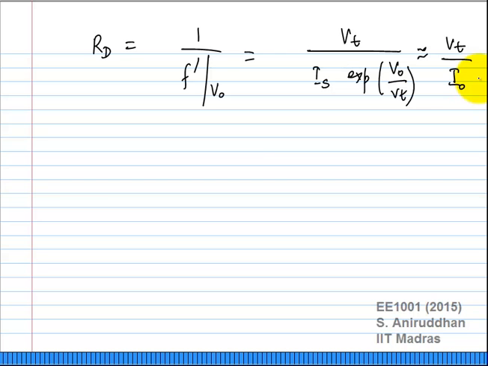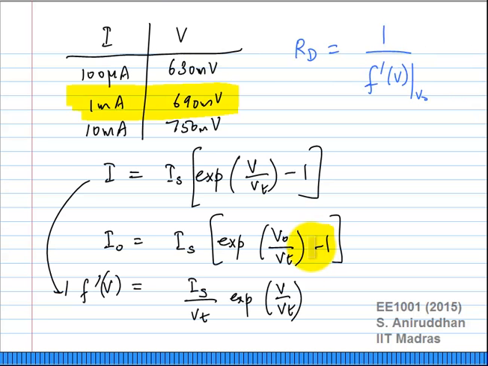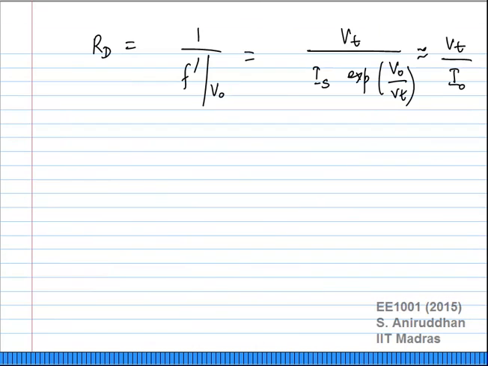The reason is very simple. I told you if V by Vt was much larger than 1, even at least 4 or 5, the one term can be neglected. This one term can be neglected. And you could say this is Is exponential V naught by Vt, which means the diode resistance is nothing but Vt by I naught.